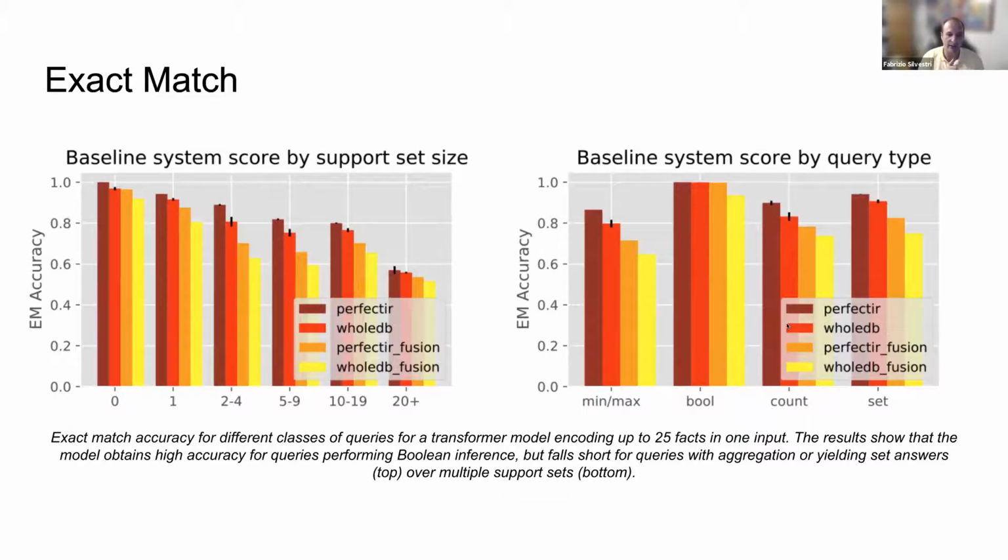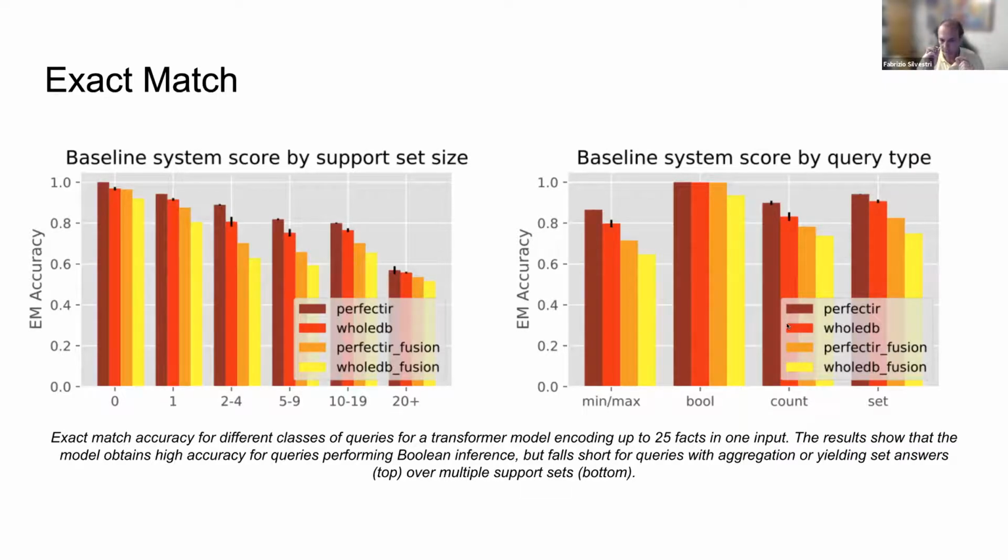And these examples here are actually also showing what happens if, so let's forget for a second about perfect IR and WholeDB fusion, the last two columns. Let's focus on perfect IR and WholeDB. So WholeDB consists in feeding to the T5 transformer all of the fact base. And in this case, we can only try our solution with 25 facts because larger fact bases do not fit in traditional transformers.